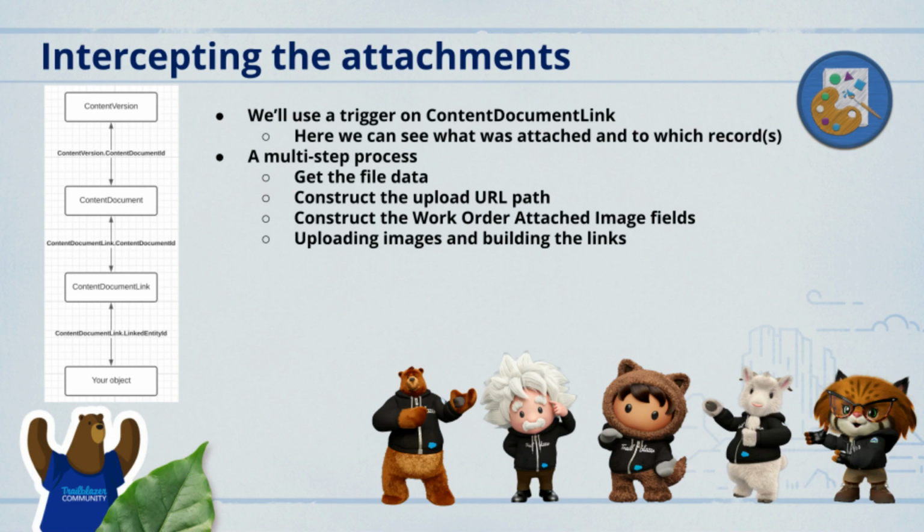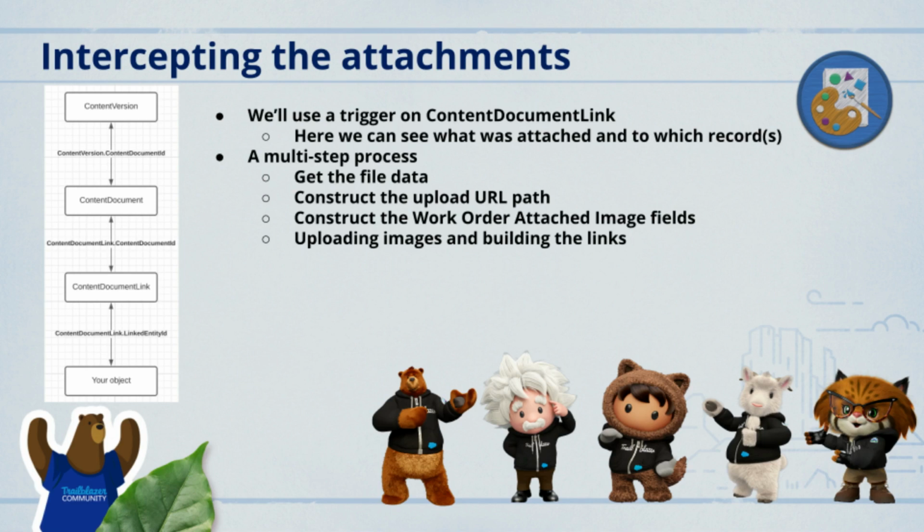Then the content document itself is almost, but not quite, a junction object as well. It will have some metadata about the document itself, some properties, but really the actual document goes and sits in something called content version. Because, as you'd hope, there's a degree of lightweight versioning on these objects.